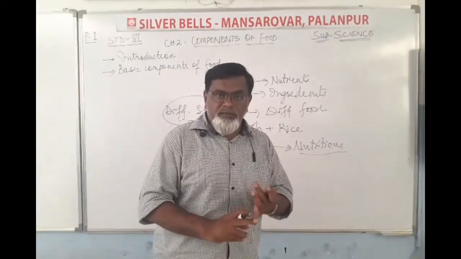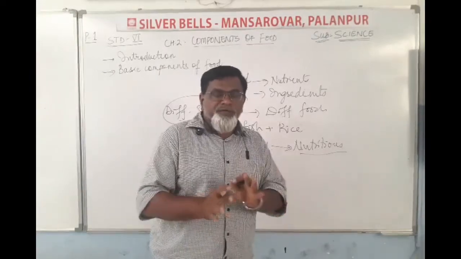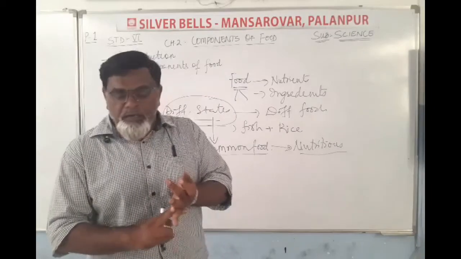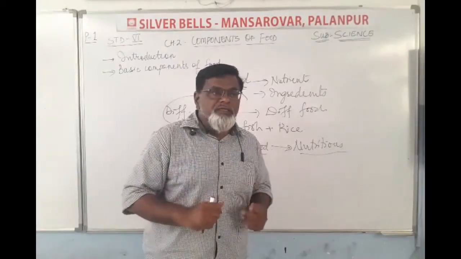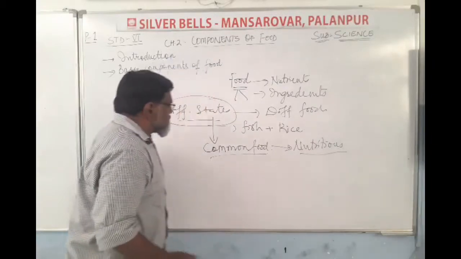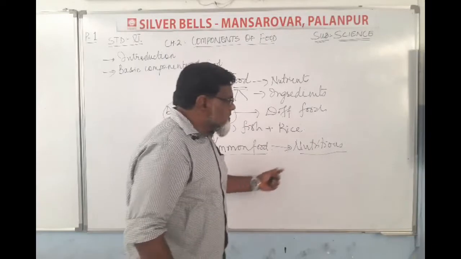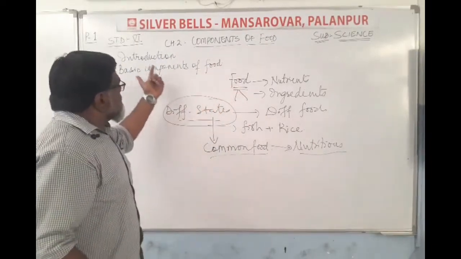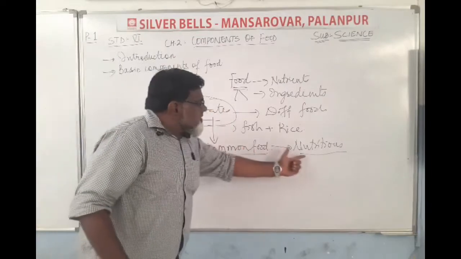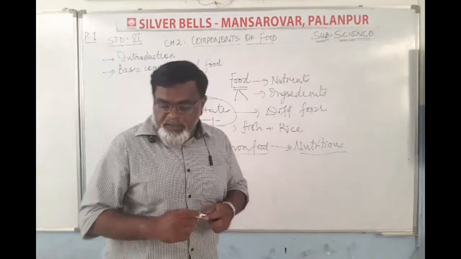Like chas, like dal, but the making of them is different. Like butter, curd. And many other things are also there in it. So, different states have some common food which is very nutritious. And in this chapter, we are going to learn the components of food which we take in.